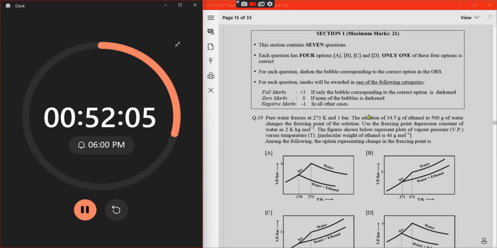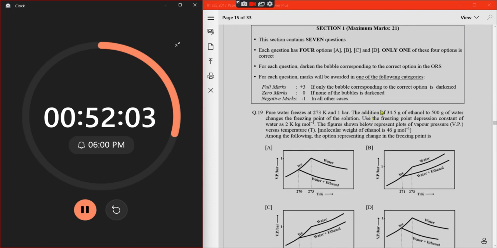Okay, next question. Pure water freezes at this temperature, and addition of this many grams of ethanol to 500 grams of water changes the freezing point of the solution. Use the freezing point depression constant of water as 2. The figures shown below are plots of vapor pressure.